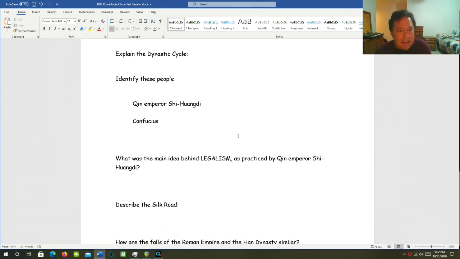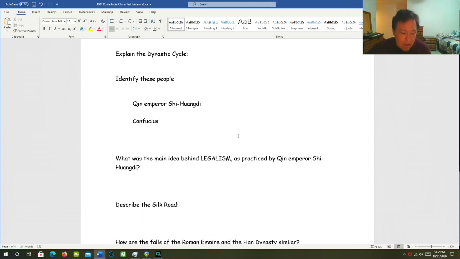So let's identify two people. First, Qin Emperor Shi Huangdi. He was an emperor. He was the founder of the short-lived Qin dynasty. He was a legalist. He was a harsh ruler. No wonder the Qin dynasty only lasted 15 years as an empire.